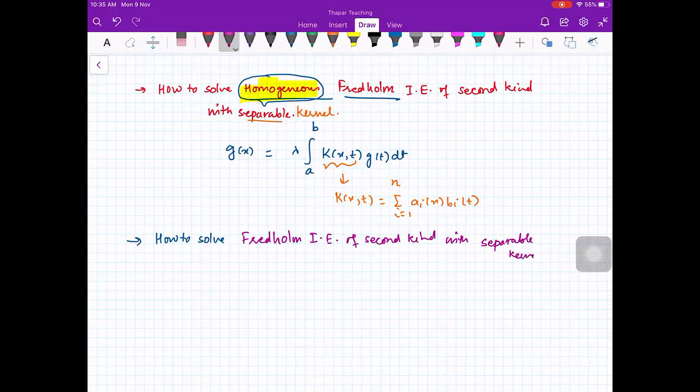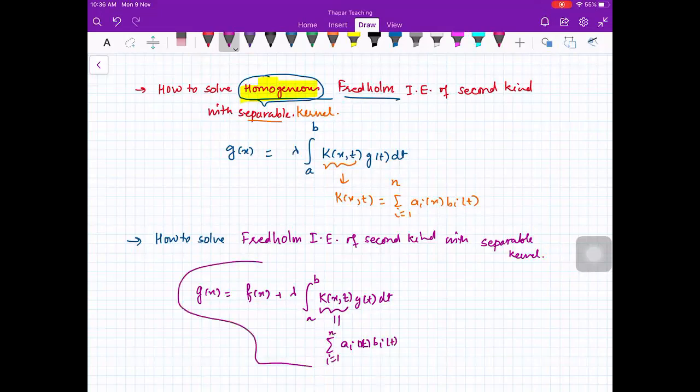We have this equation g of x is equal to f of x plus lambda integral a to b K(x,t) g(t) dt, where f(x) can have any value and K(x,t) is separable. It means that it is something like a_i(x) b_i(t), i from 1 to n. Is that thing clear?